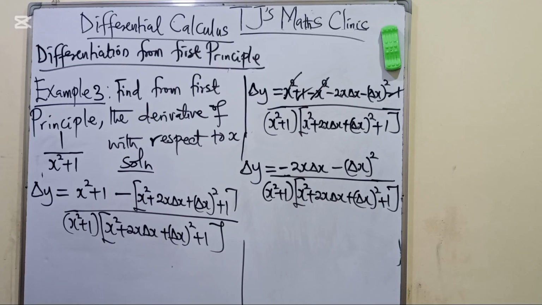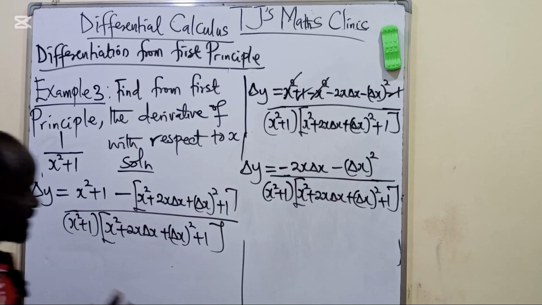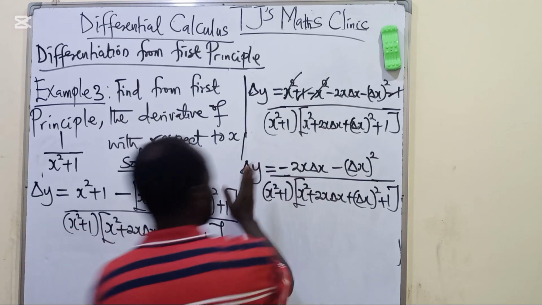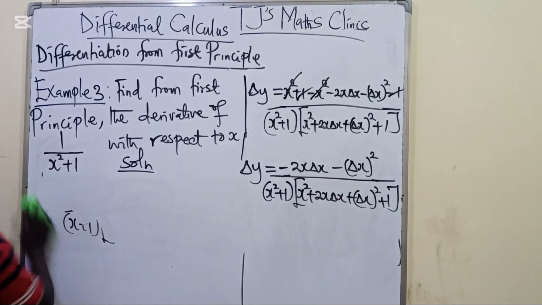What can we do from here? Let's divide each term by delta x. Let's divide both sides, left and right, by delta x. So what will be our delta x now? Very important.